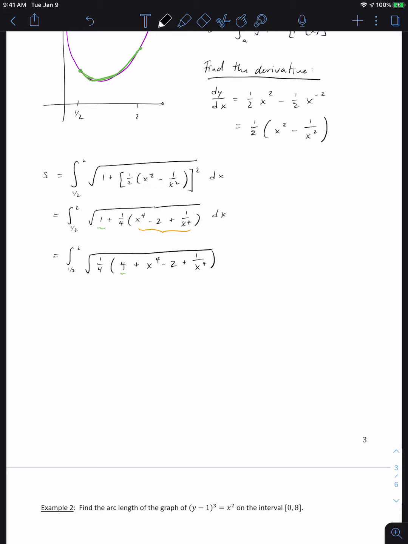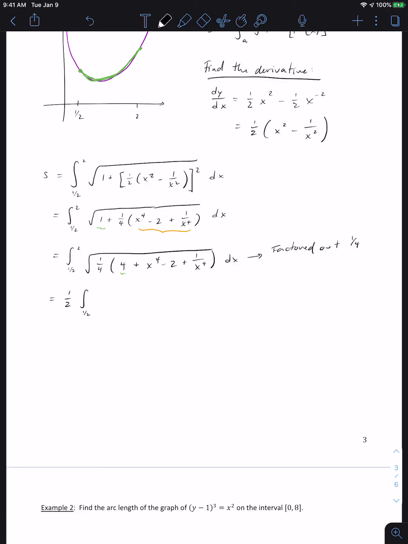All right, so what did I do in this step? I factored out 1/4. Why do I do that? Because I can take the square root of 1/4, which is 1/2, so that can come out front because it's a constant.